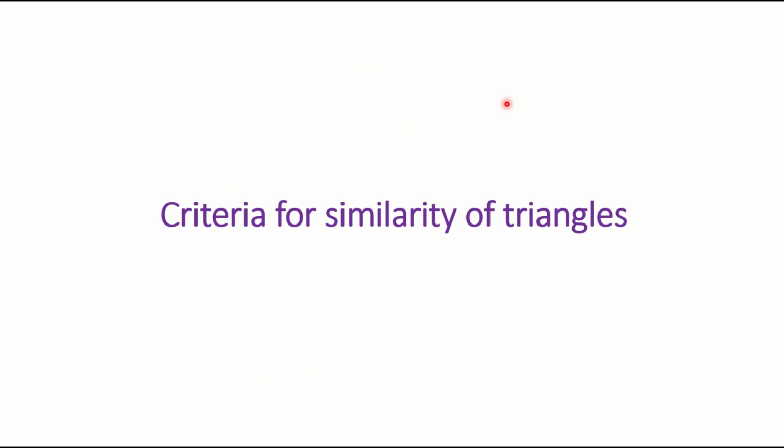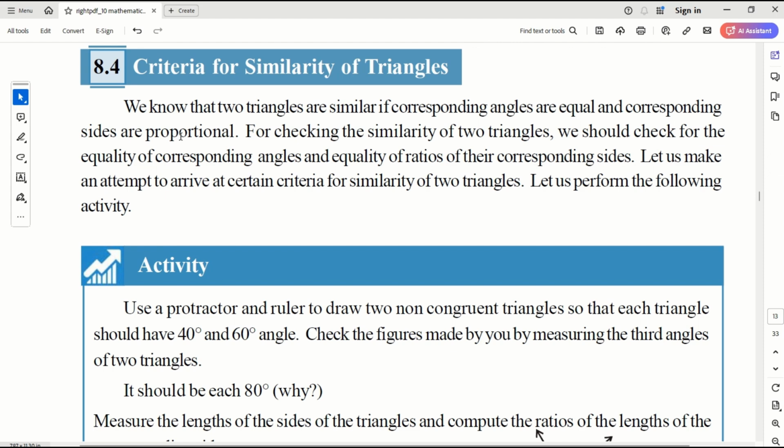Now let's look at the criteria for similarity of triangles. So what do you think, when do we call two triangles similar? For a polygon, we learned all the corresponding angles should be equal, not within the polygon, but the corresponding angles.